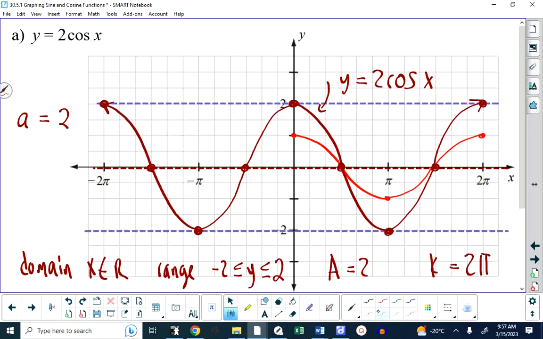Just moving forward, thinking forward, and I'm starting off slow, but we're going to pick up the pace here. It's going to go faster and faster. What's the only thing that can happen to that red graph to change the period?